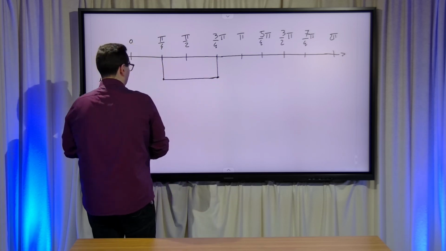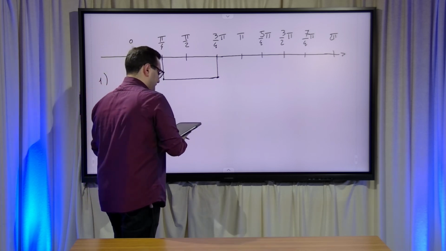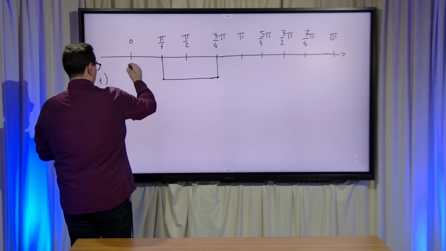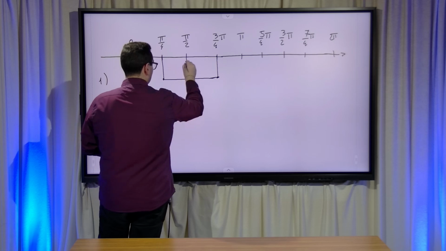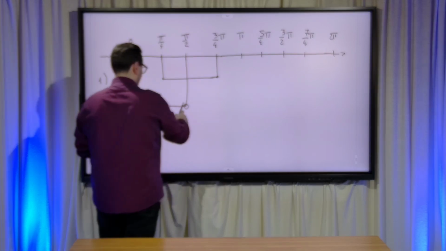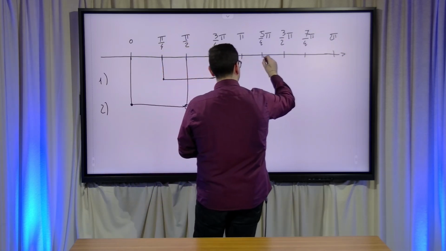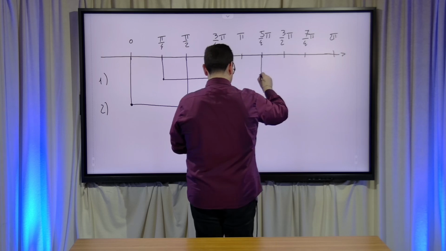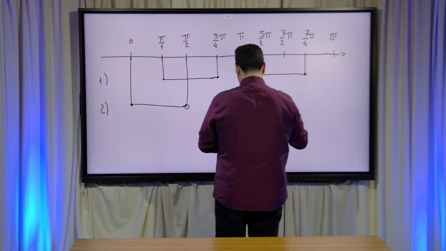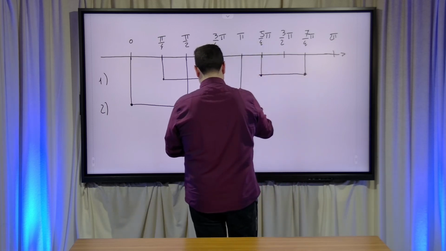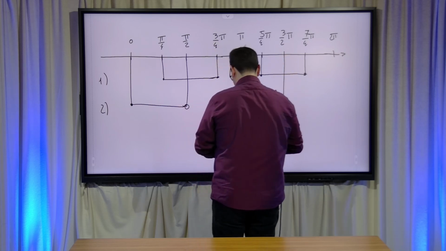As before, the point is an equal sign, and the empty circle is where I don't have an equal sign. Here I have an empty circle. Okay.